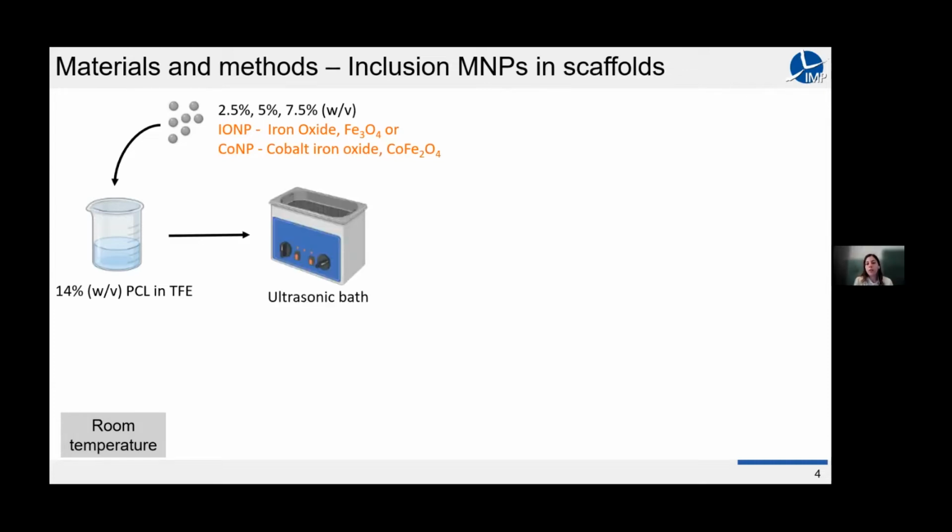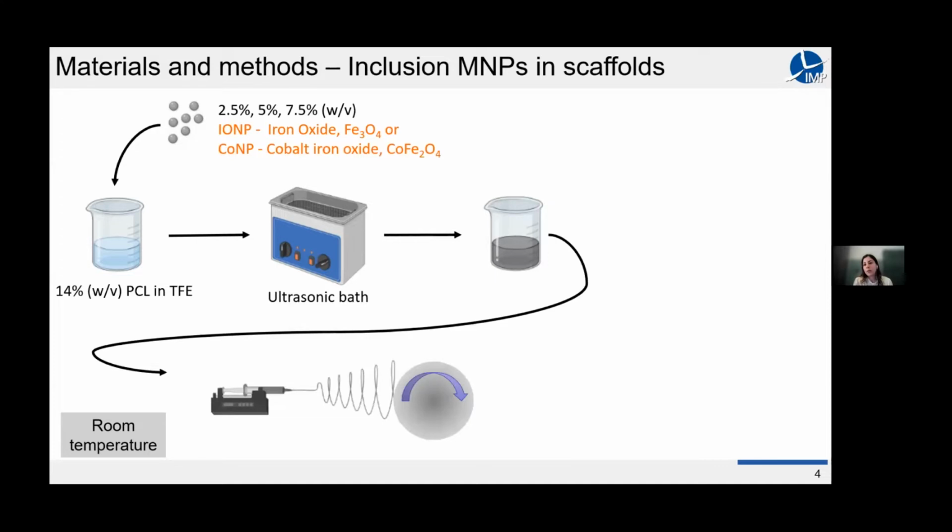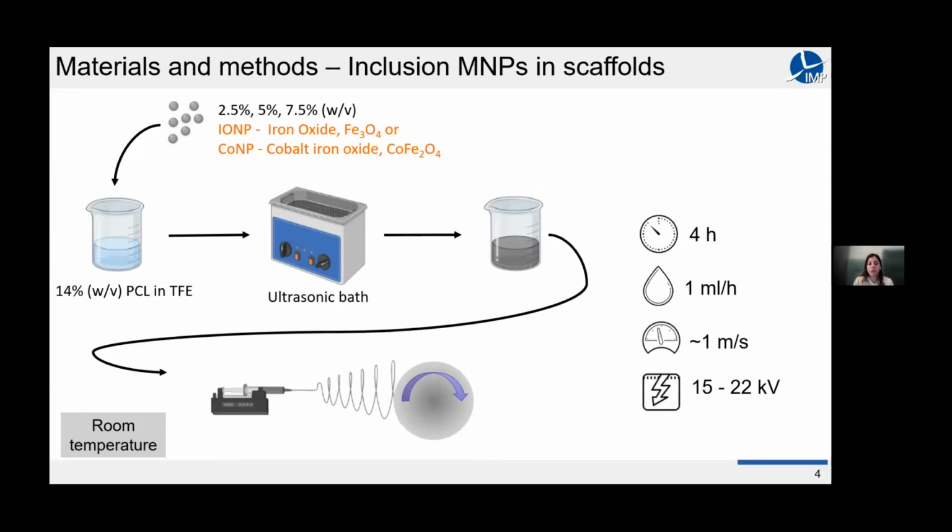We perform ultrasonic dispersion for 3 hours. When the solution is ready, we proceed to the electrospinning process, as Ben showed in the previous presentation. We electrospin the scaffold for 4 hours, and these are the parameters we use in order to have a stable process.